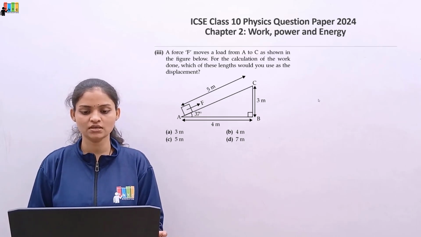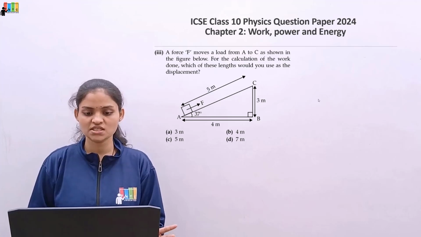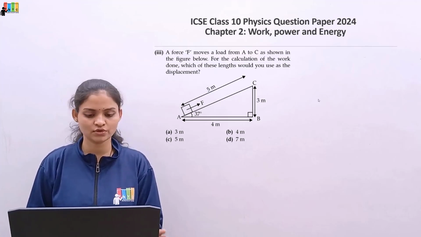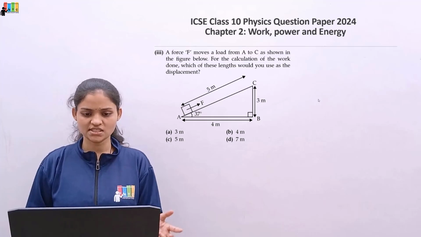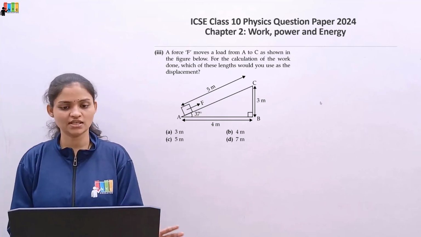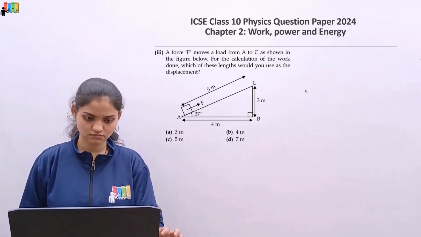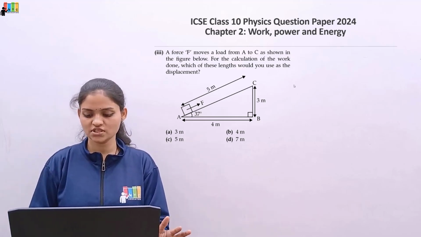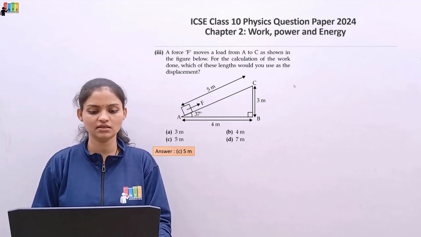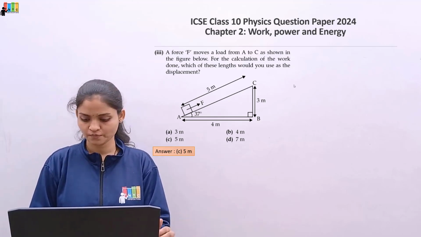AC is 5 meter, CB is 3 meter and AB is 4 meter. Which length would you use as the displacement? The answer of this question is option C, 5 meter.